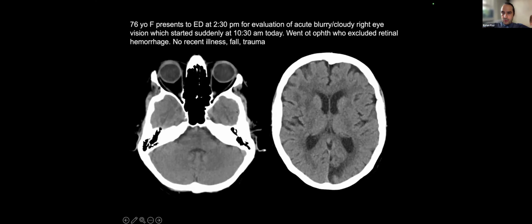So they inject TNK. The patient receives TNK as part of the stroke treatment. And then after this, is it something to consider to bring the patient for intraarterial treatment? Interestingly, after TNK there is a slight improvement of the vision.